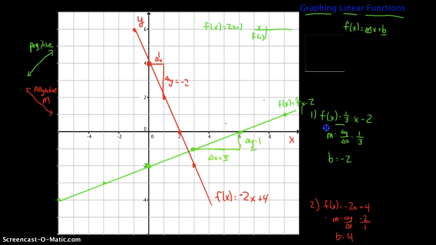And that matches our slope formula. Our slope formula says that the change in y divided by the change in x has to be 1 divided by 3. So the change in y is 1, change in x is 3. Same idea here, okay? So if you really think about this, you should be able to graph any line.